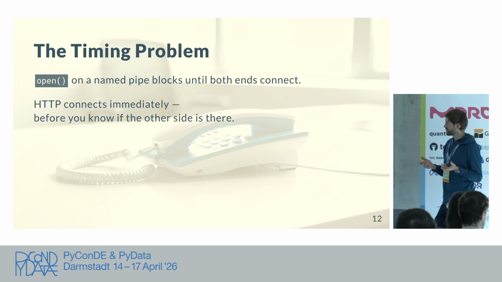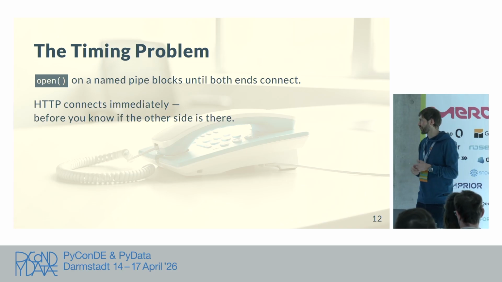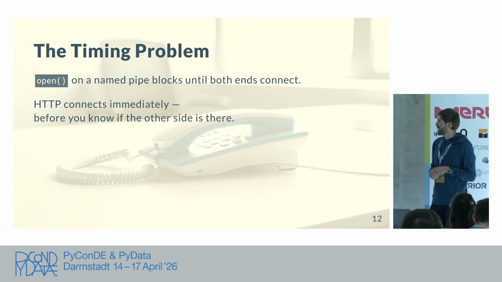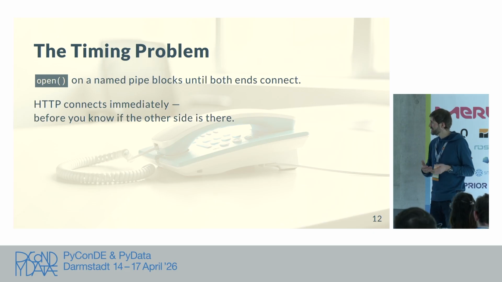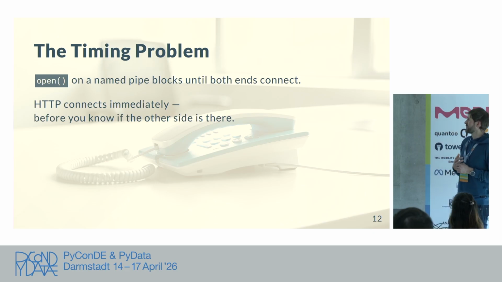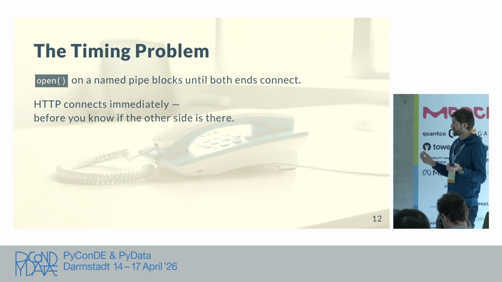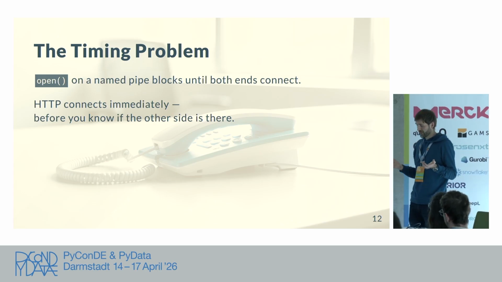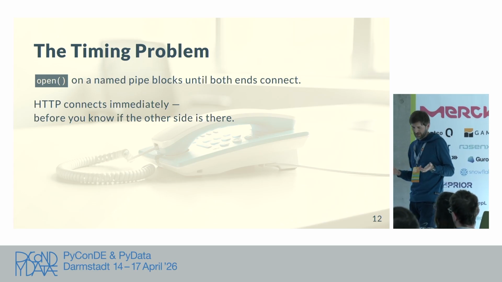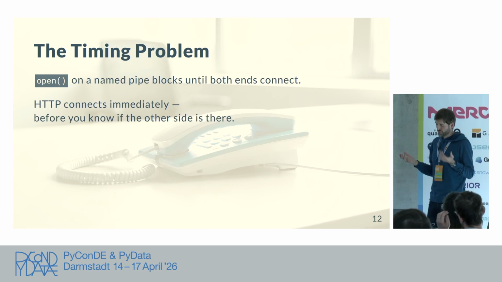And the open call returns, and then you can write or read. When you do that on a named pipe, the open call blocks if there is nobody on the other side. It basically stalls. With HTTP, that's more difficult, because once you build the upload or download stream, there are two ways to fail.